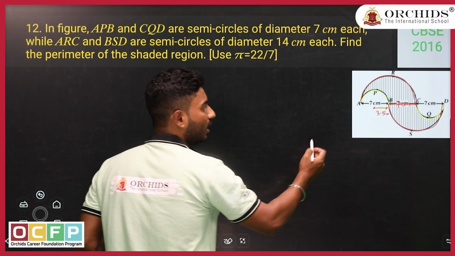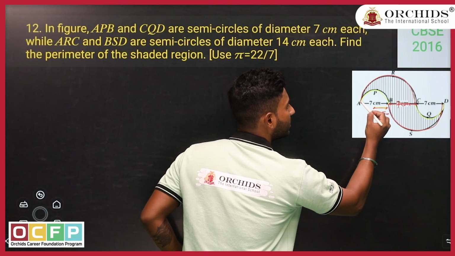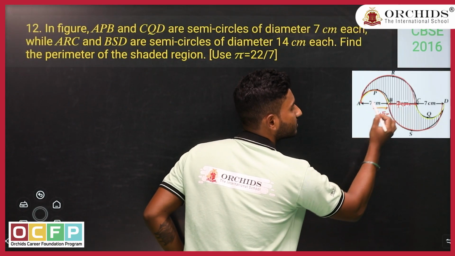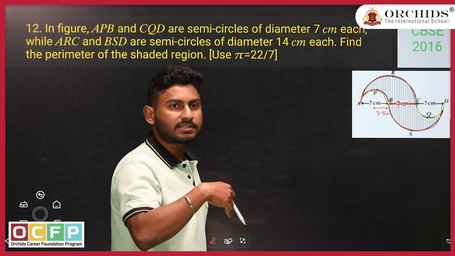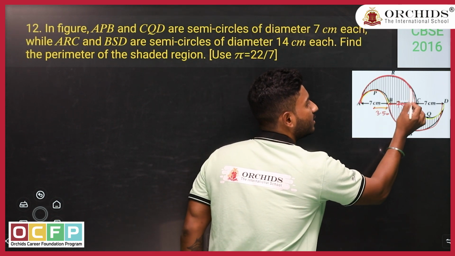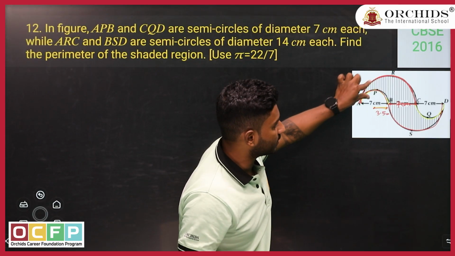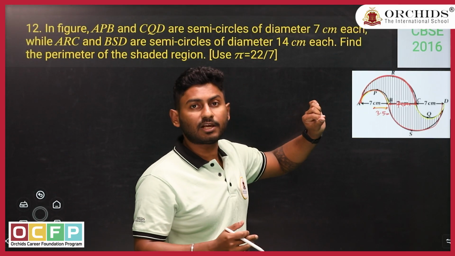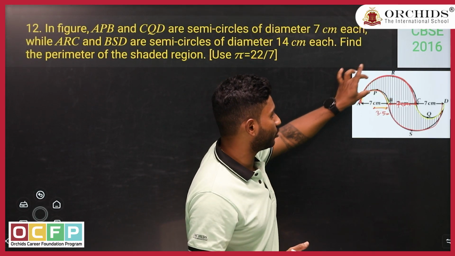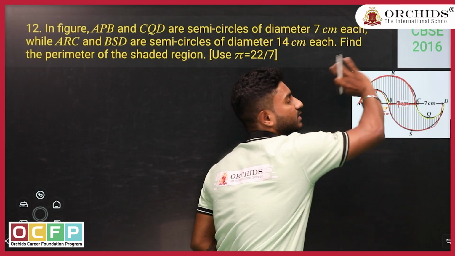So what we can do, we can just find out this length first. This is nothing but semi perimeter. Then we can add with this one. If you add, we get the perimeter of this portion. If we get the perimeter of this portion, we multiply with 2, we get the whole of this thing.